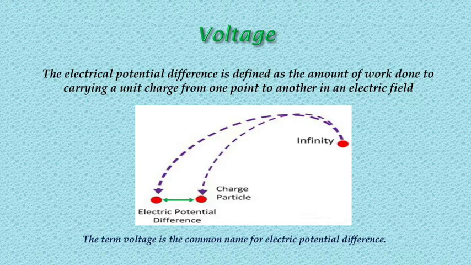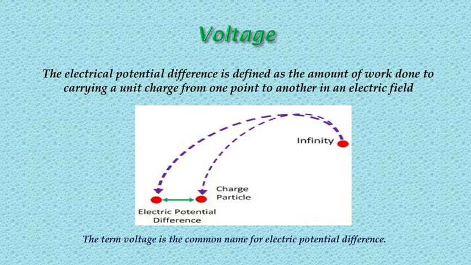It can be concluded that electrons flow from low potential to high potential. Similarly, the potential difference between 2 points is defined as the work required to be done for bringing a unit positive charge from one point to another point. The familiar term voltage is the common name for electric potential difference.